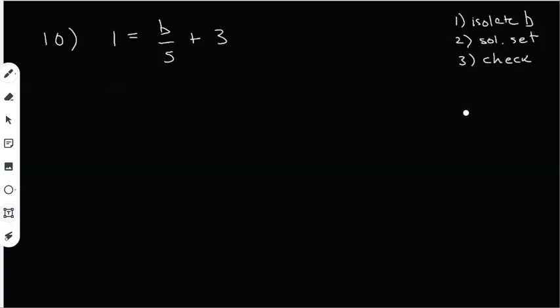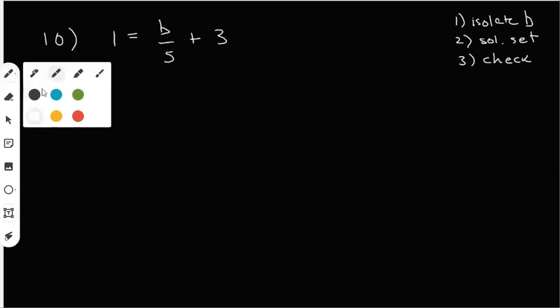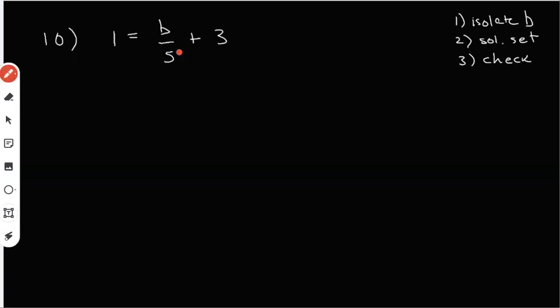So to get the b by itself on the right side, I need to get rid of 2 things. I need to get rid of the plus 3 first. I can do that by subtracting 3 from both sides. But you do have to do it on both sides of the equal sign for this to work out.